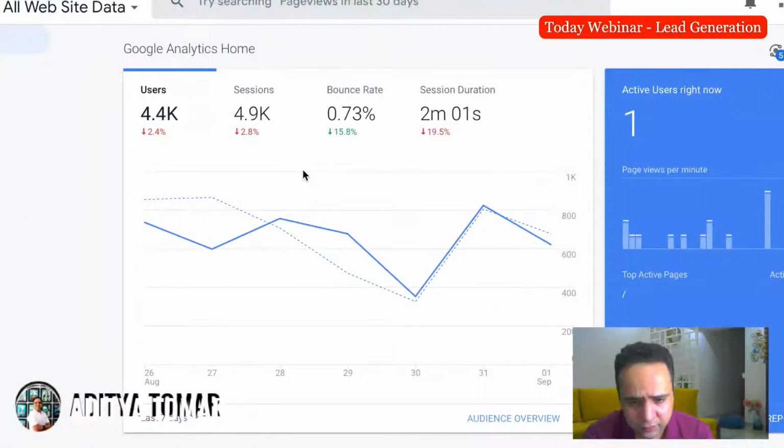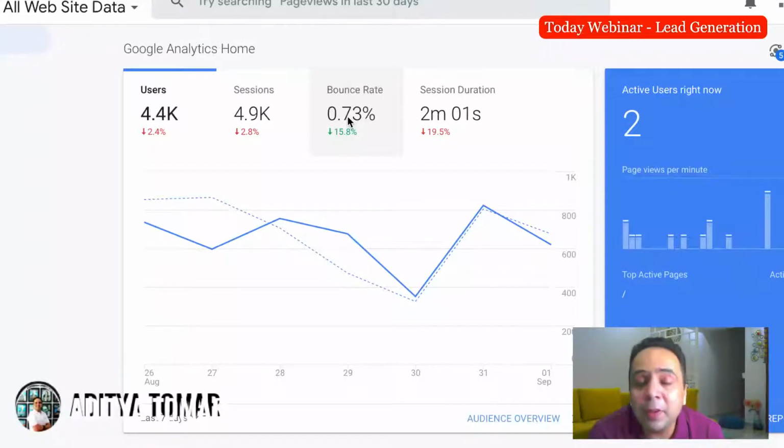This is the live stats, right? You can see over here the bounce rate of our system. This is a 2T Hub account, and right now the bounce rate is 0.073. It means I got the best of the people who are coming to my systems. If you type 2T Hub, let me show you also.